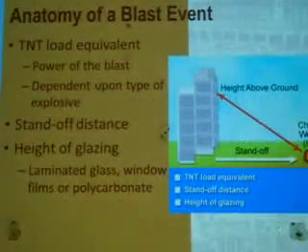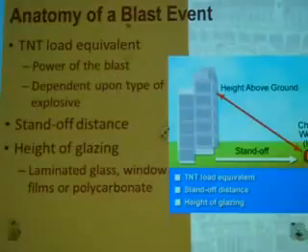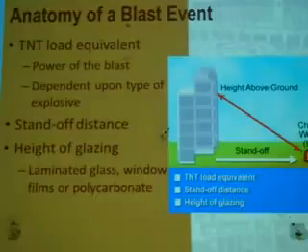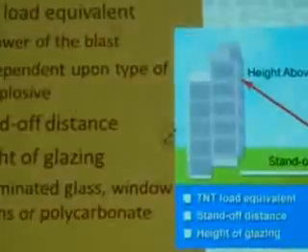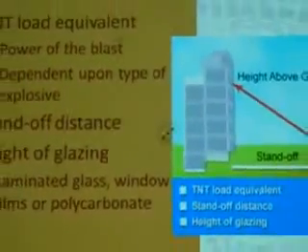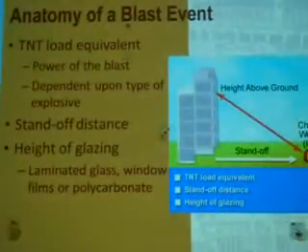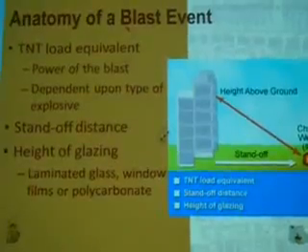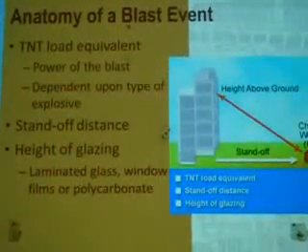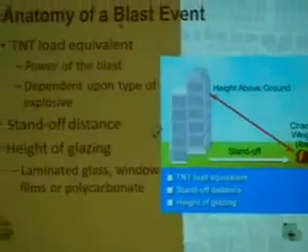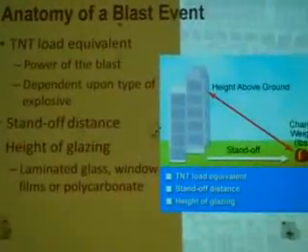If you look at the anatomy of a blast event, it is generally expressed as TNT equivalent, which is used to express the power of the blast, and it depends on the type of explosive used, the standoff distance from the building or the target area, where the charge has been put up, and the height of glazing if glazed glass has been used to protect the indoors from the outside blast.